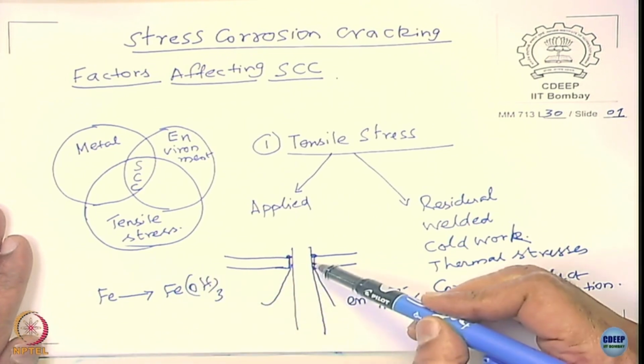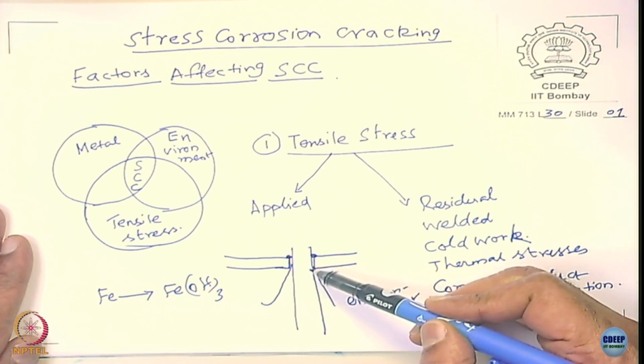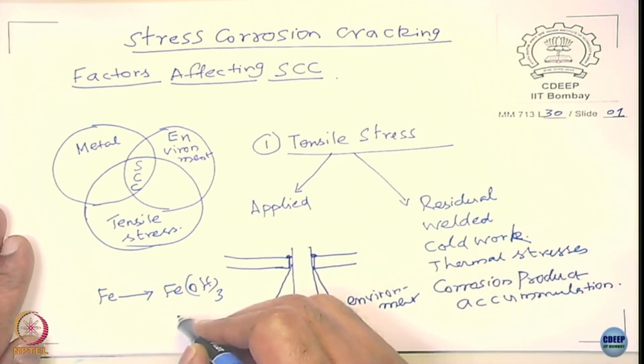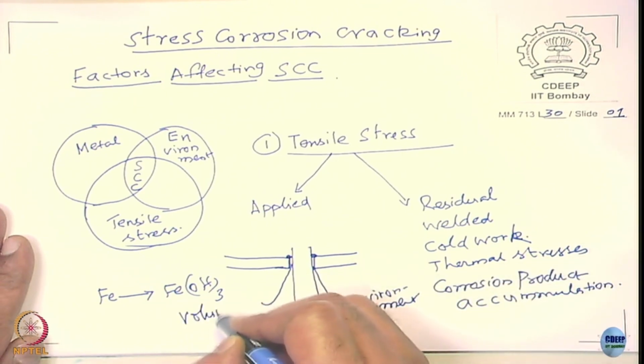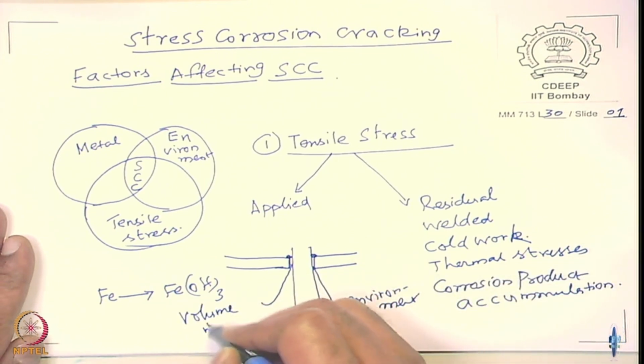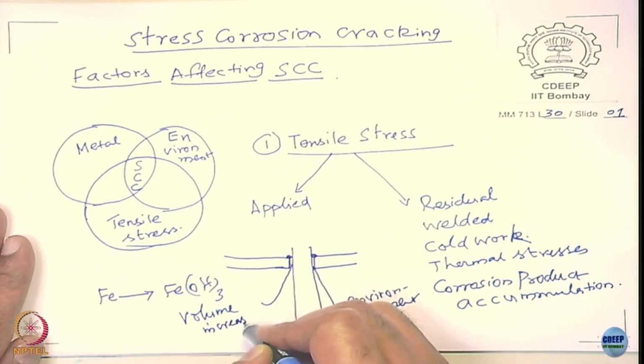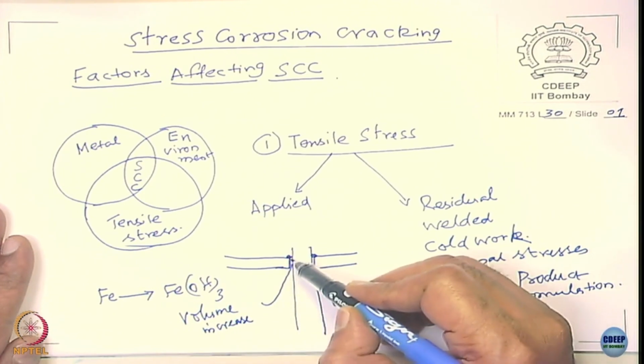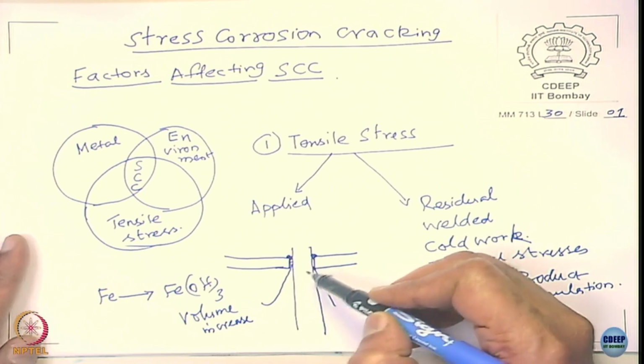The volume of the iron hydroxide is more than the volume of the iron corroded, right. So, volume increase. Now, there are corrosion products here, and the volume increases.